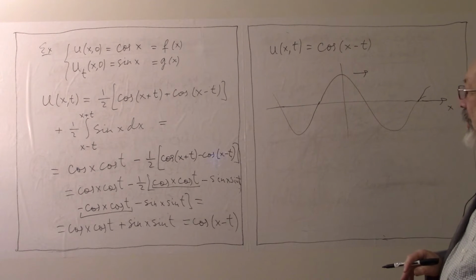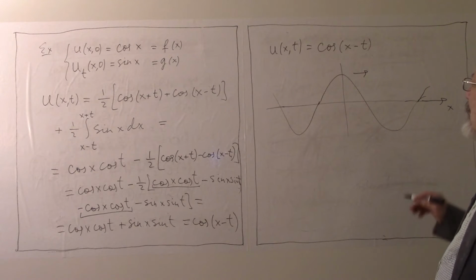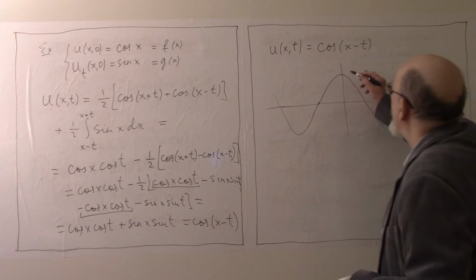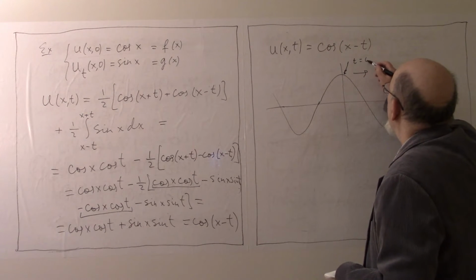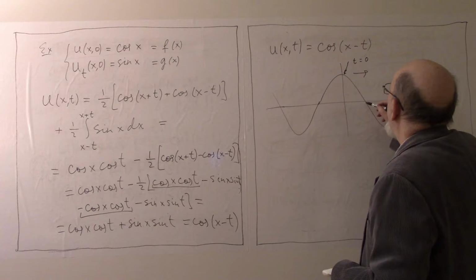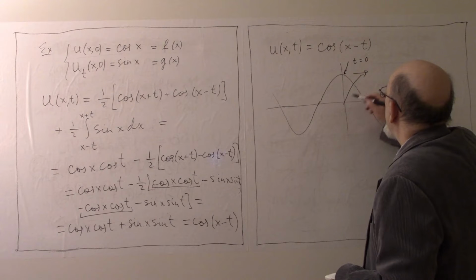Yes, I think from college mathematics, yeah? So it is for t equal 0. For t equal pi over 2, we have this curve.